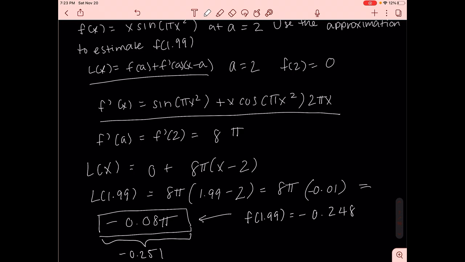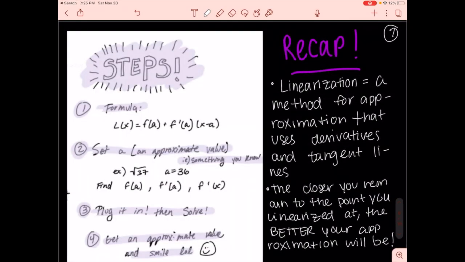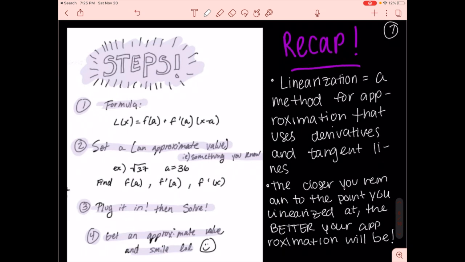So as you can see, we get a pretty close approximation using this process. Okay, so now let's recap what we've learned about linearization. So linearization is a method for approximation that uses derivatives and tangent lines. And the closer you remain to the point that you linearized at, the better your approximation will be.